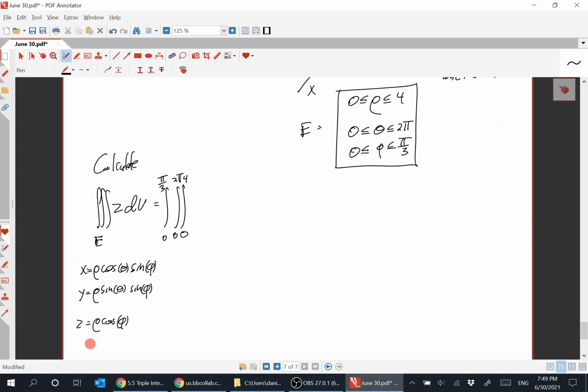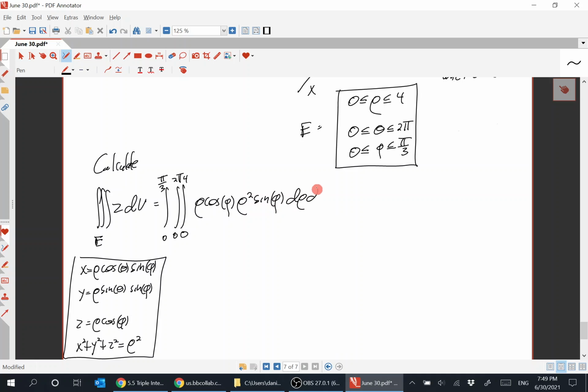And then x squared plus y squared plus z squared is rho squared. So the z becomes rho cosine phi. Conversion factor is rho squared sine phi d rho d theta d phi. Okay, so we have rho to the third.